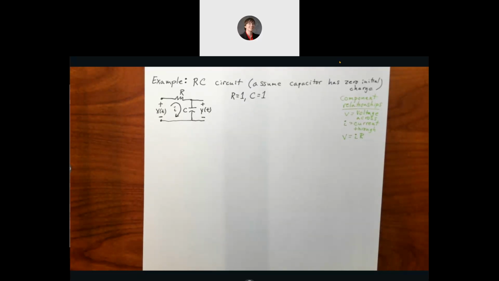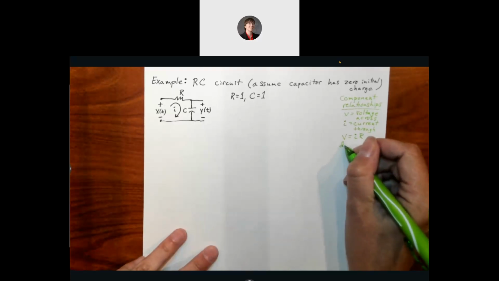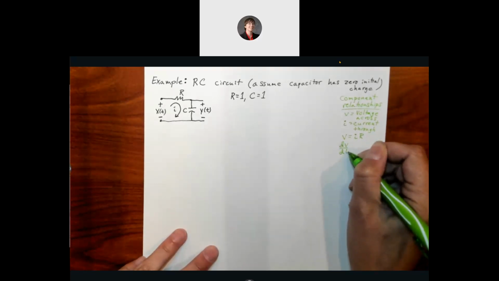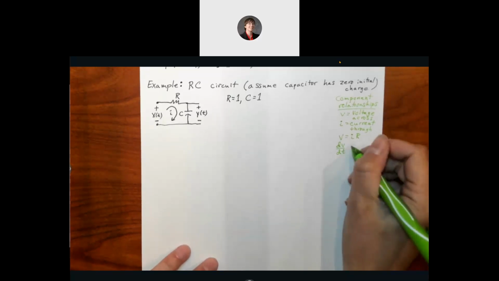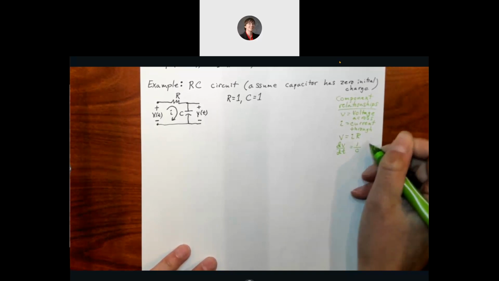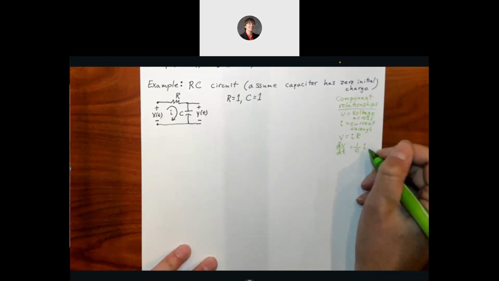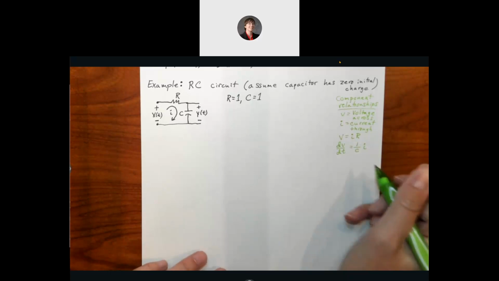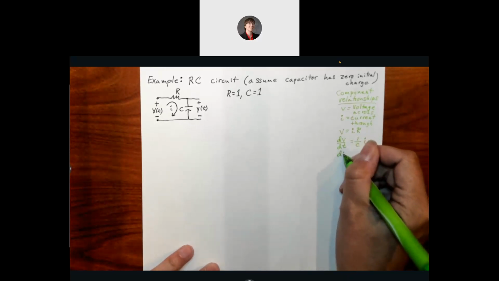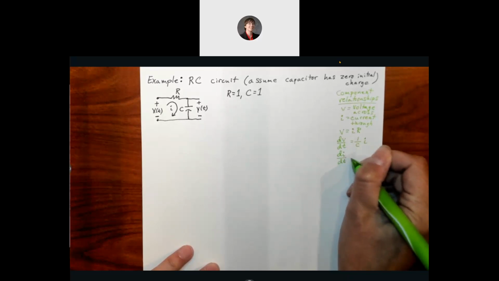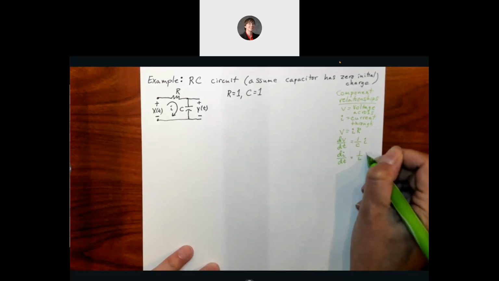If I have a capacitor, then we start getting into our differential equations. So we have the derivative of the voltage across the capacitor is equal to 1 over C times I. And if I have an inductor, then it's the derivative of the current equals 1 over L times V.